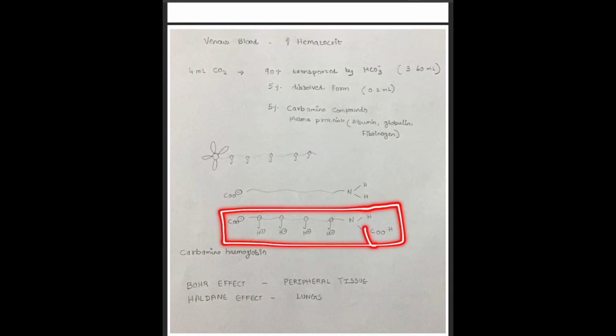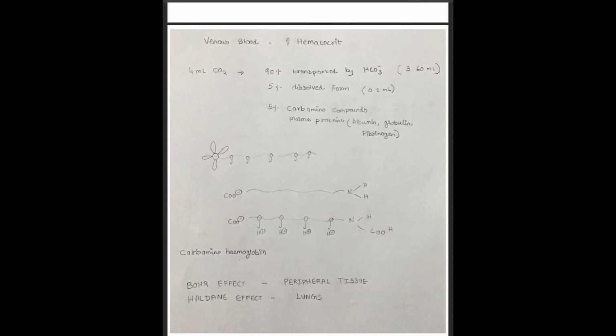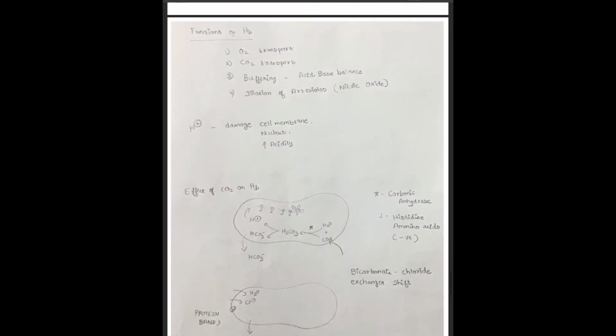So this is carbon dioxide, CO2. Carbon dioxide combines with the hemoglobin to form carbaminohemoglobin. So now what is the function of hemoglobin? We know already that the hemoglobin's first function is oxygen transport, and it also transports carbon dioxide.